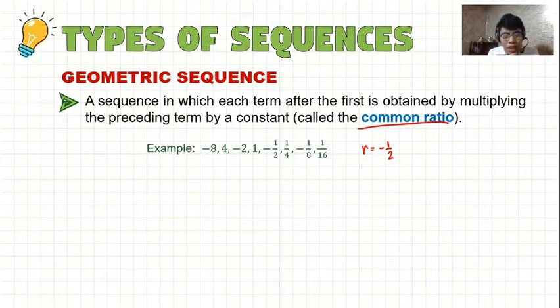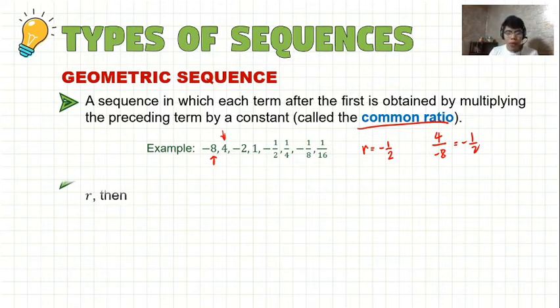How do you get the common ratio? Ang gagawin natin, you will just take one number and divide it by its preceding term. So, example, I will get 4. So, 4 over the preceding term, which is negative 8, that is negative 1 half.